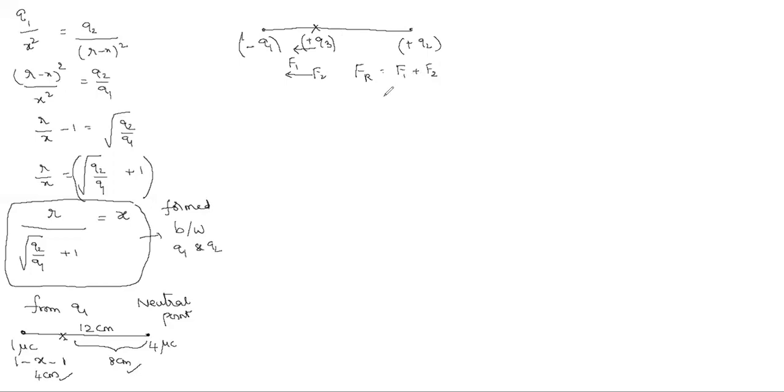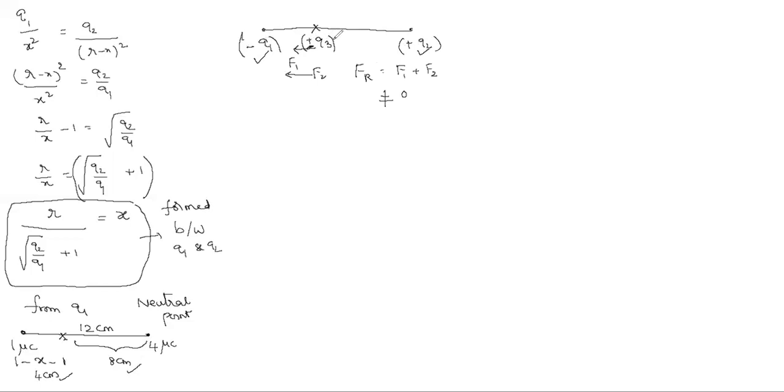Then obviously, by adding two numbers you never get 0. Suppose you take Q3 as a negative charge. Why? Because these two I am taking unlike.